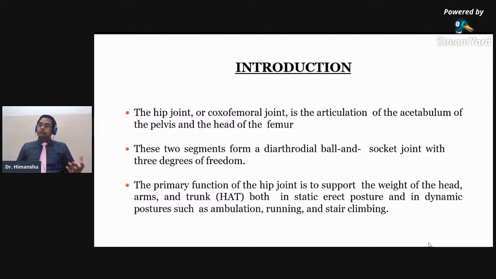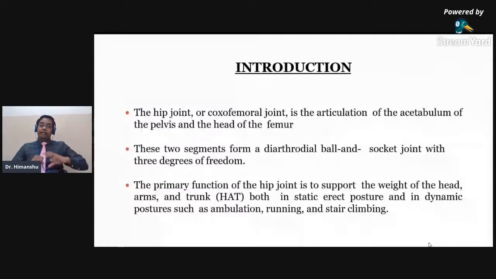This joint is usually related to the shoulder joint in the upper limb. It is called the corresponding joint of the shoulder joint in the upper limb. But personally speaking, I do not agree with that, because although both joints are the first joint of the appendicular skeleton of the upper limb and the lower limb, and both are ball and socket joints, at the same time I would say the articulation is not the same, because the shoulder joint is more concentrated towards mobility, but the hip joint is concentrated more towards stability.